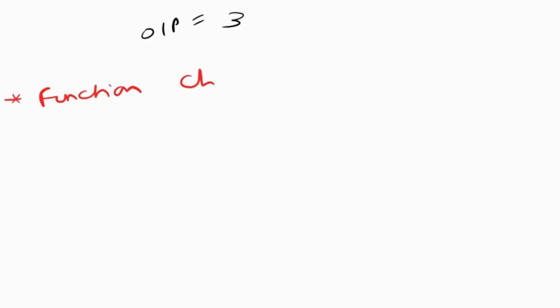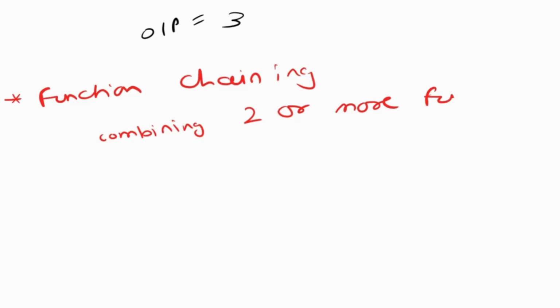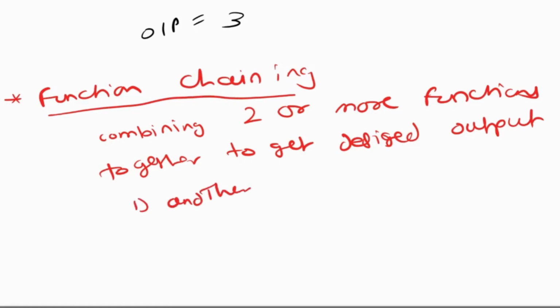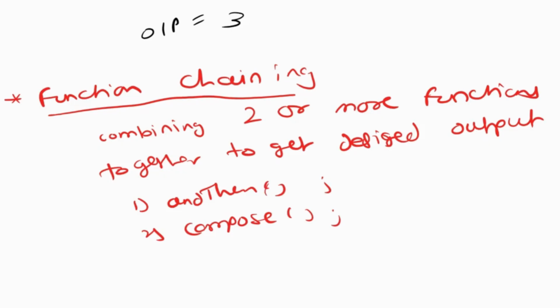Function chaining means combining two or more functions together to get the desired output. That is the main use case of function chaining, where we will use two methods. First one is andThen, and second one is compose. So let us discuss both of these methods in a very easy manner.